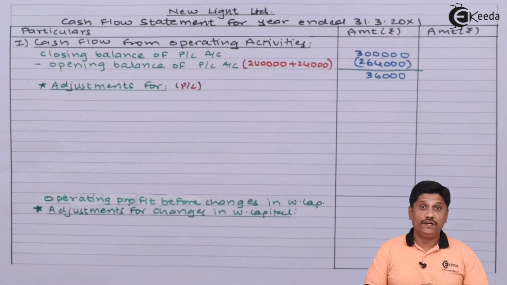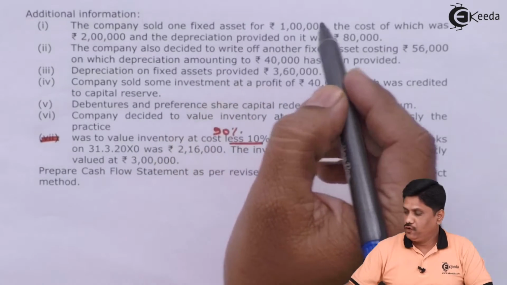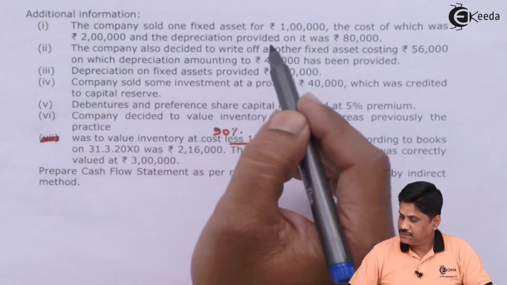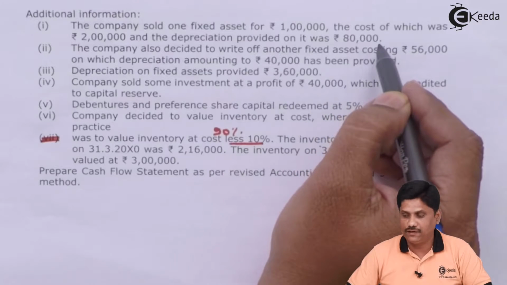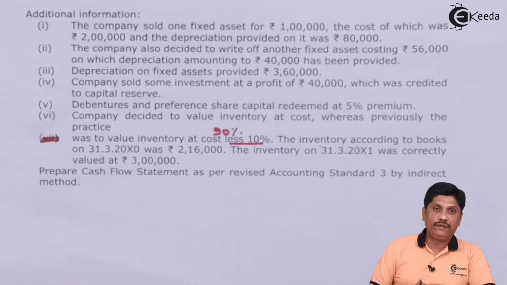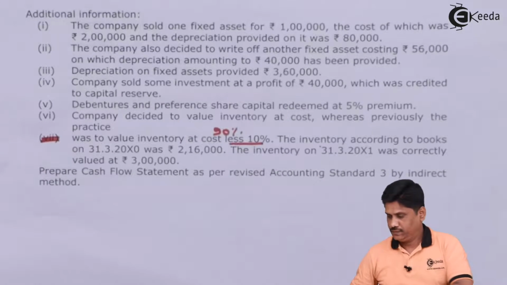Now I will go with the adjustments first. Company sold one fixed asset for rupees 1 lakh, the cost of which was rupees 2 lakhs, and depreciation provided on it was rupees 80,000. Right? So this asset is sold. We will prepare two accounts now, fixed asset account as well as PFD account.